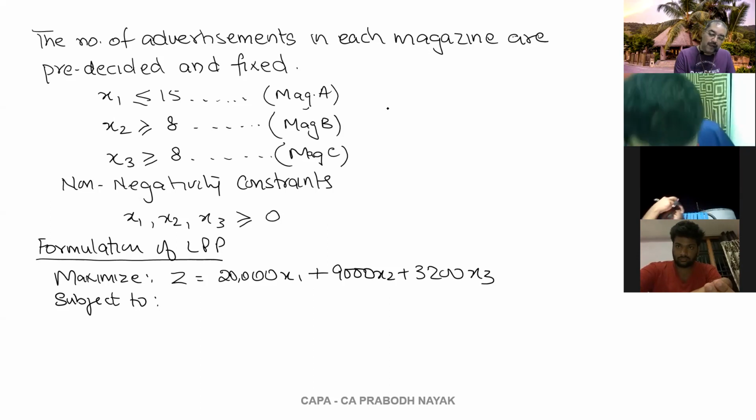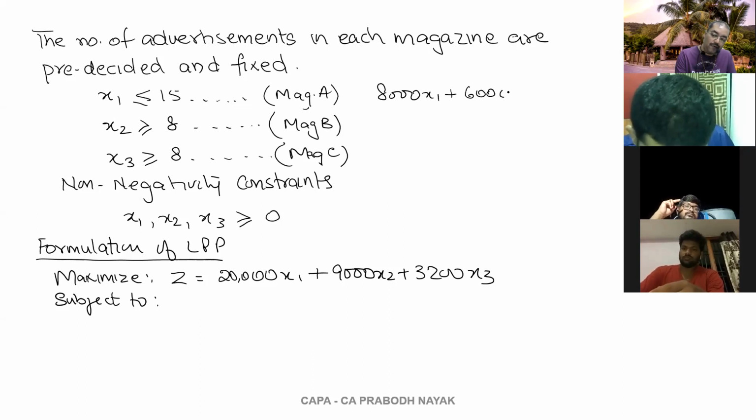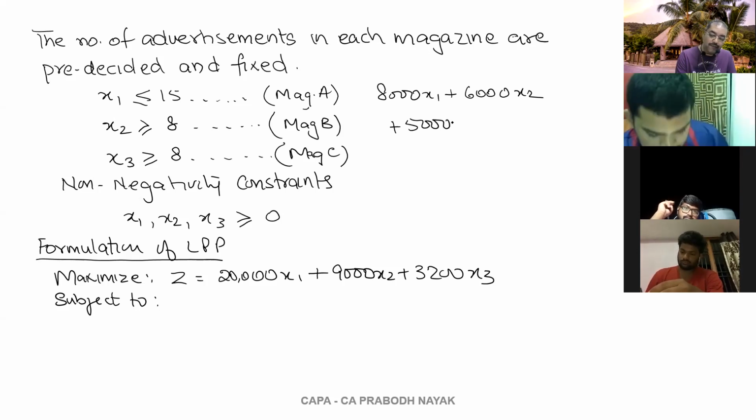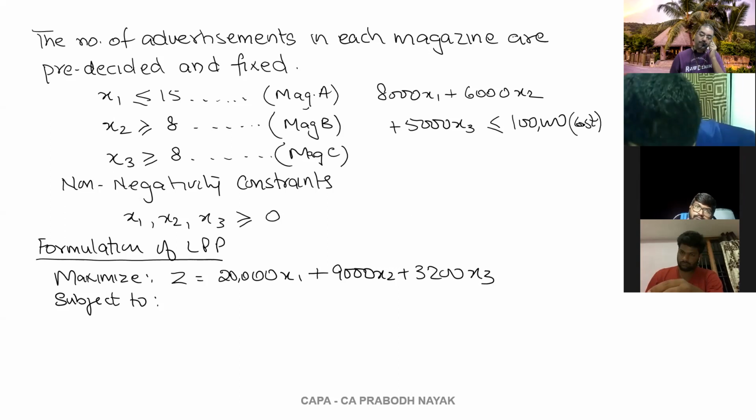So 8,000 into X1 plus 6,000 into X2 plus 5,000 into X3 should be less than or equal to 1 lakh. This is for the cost or the budget you can get.